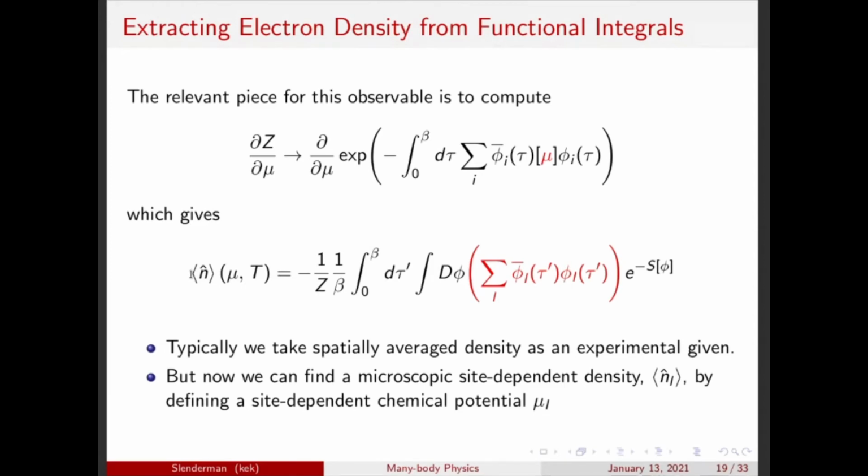Can you commute the functional integral and the integral over tau like that? So you mean, shouldn't the integral over tau be inside the d phi? Yeah. We are going to assume that we can.